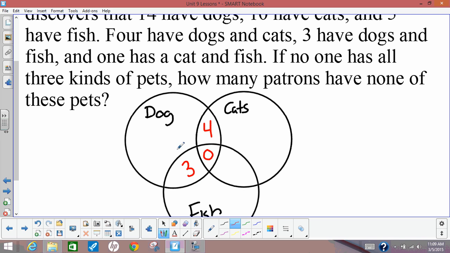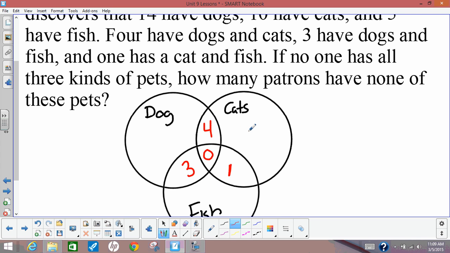Those 3 people have both animals. And 1 person has cats and fish. That goes there where those 2 circles overlap.